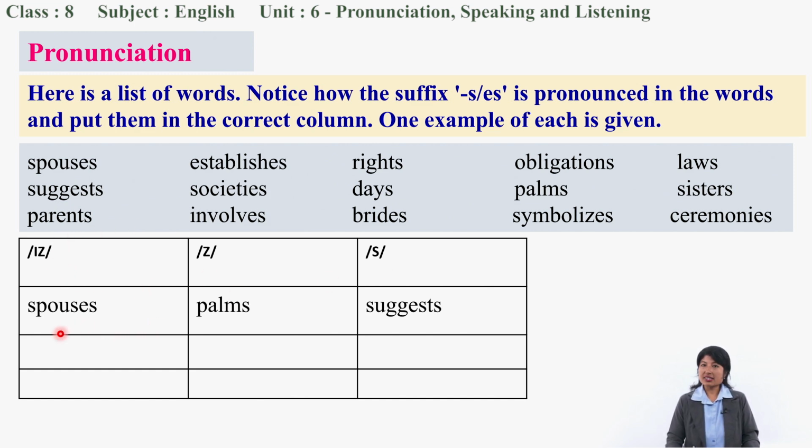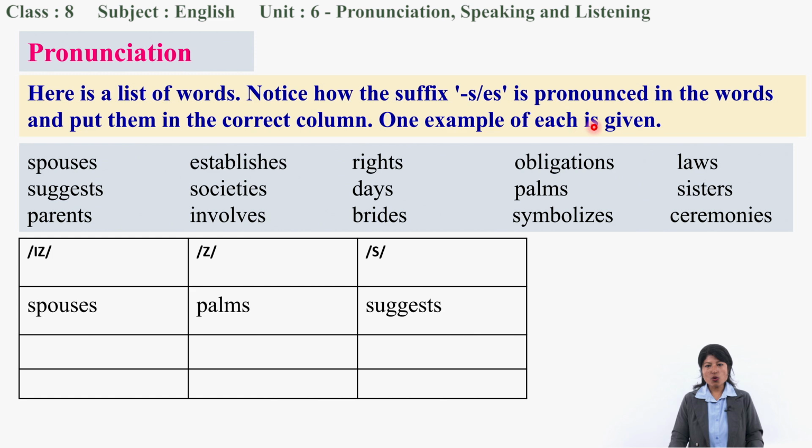So some examples given here are like spouses. How do we pronounce it? Spouses. Palms, and this one is suggests. So same es or s sound is pronounced differently in these words.